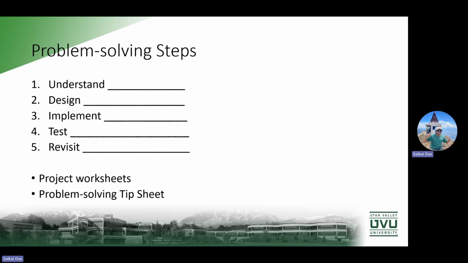Then I'm implementing. When I'm done with the implementation, that means I have written my code. I need to test whether it can run. I would like to test with two numbers, 10 and 20. I know 10 plus 20 is 30. If it is producing 30, that means we're good, right?